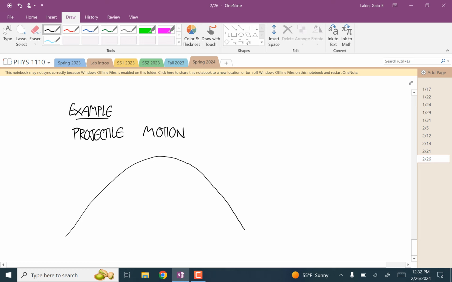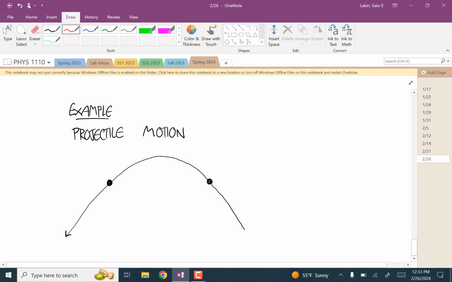And I'm going to consider one instant when the object is on its way up and one instant when the object is on its way down. And let's figure out what we know about the acceleration based on this kind of analysis. Okay. Let's say it's going this way along that path.